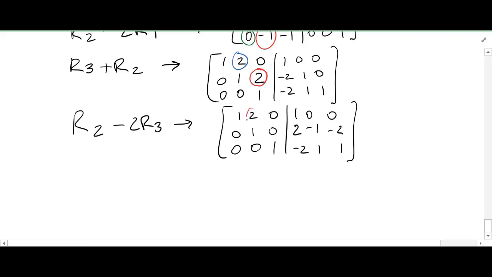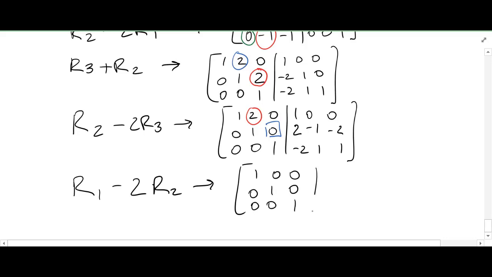And so the last entry we need to reduce is this 2, and we just need to use the second row to do that. Now that I have a 0 here, I won't mess anything up by using the second row to reduce the first row. So that's why this was a better way to do it. Row 1 minus 2 row 2. So 1 minus 4 gives you a negative 3.